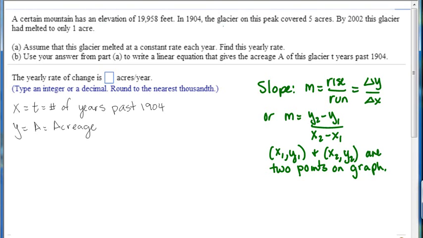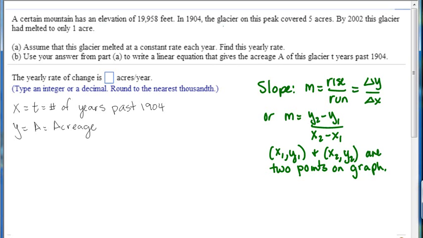If I figure out the acreage per year, that would give me a rate. The other reason I chose y to be the a and x to be the t is that in part B they want me to find the linear equation of the acreage a. So usually the a simplifies to the y, right? We're looking for y equals mx plus b, but we'll do that in part B.